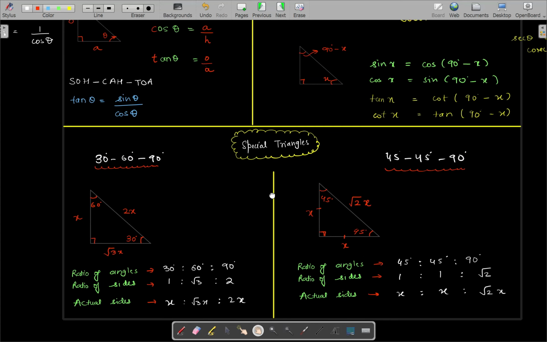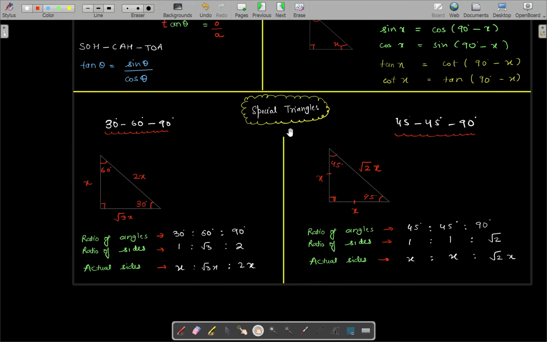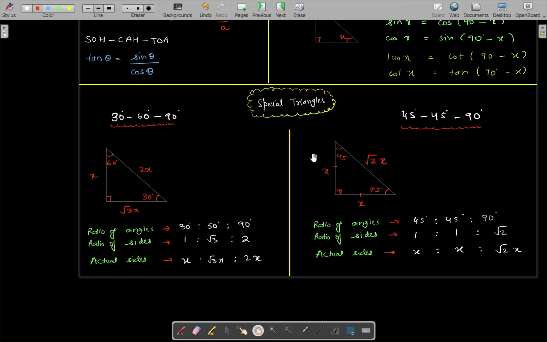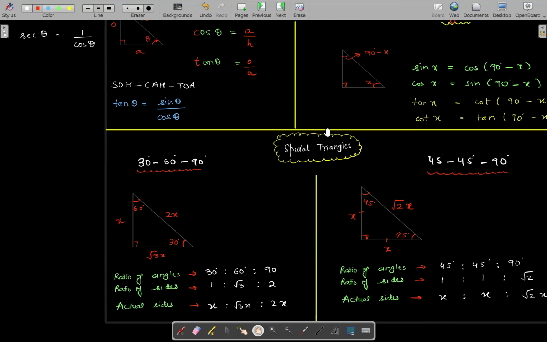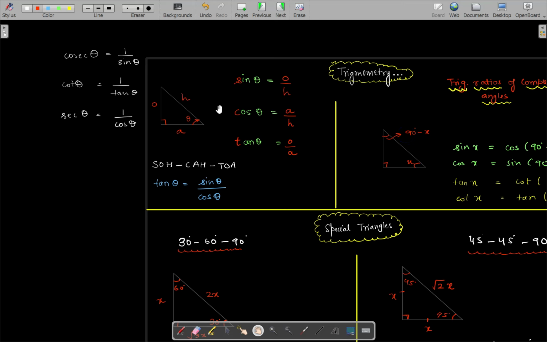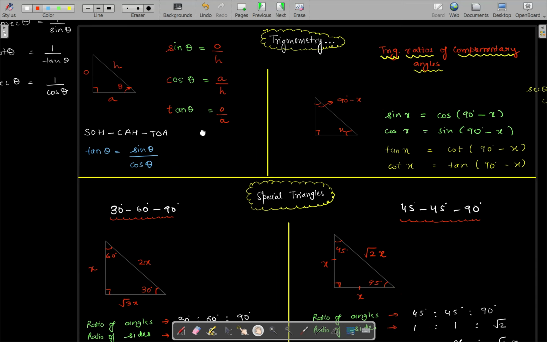You will not get a direct question from special triangles, but this concept is always tested on SAT Math. There has not been a single SAT Math section in which this concept was not tested. This is always tested. And you can expect a direct question from trigonometry, like from either complementary angles or from the ratio.